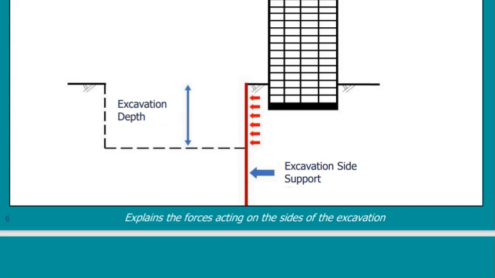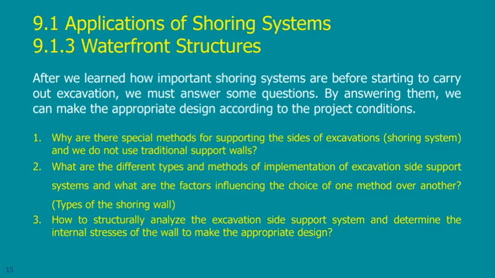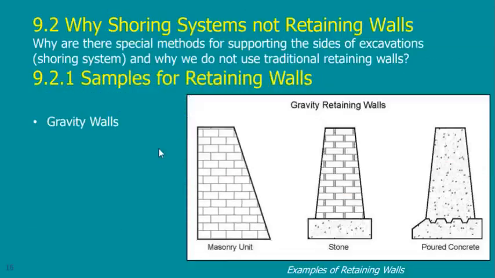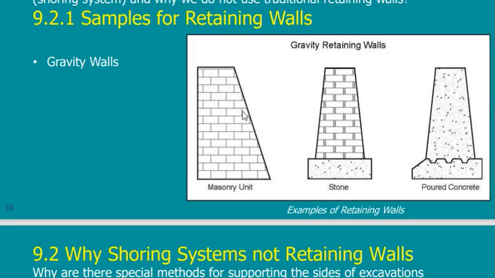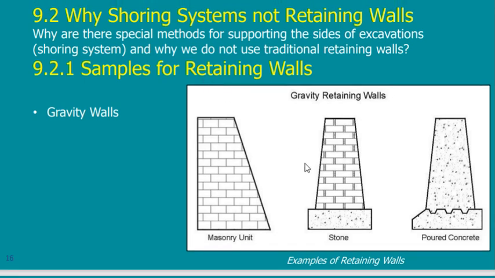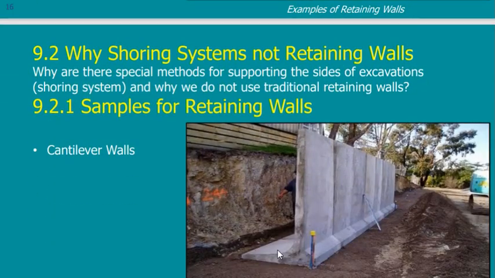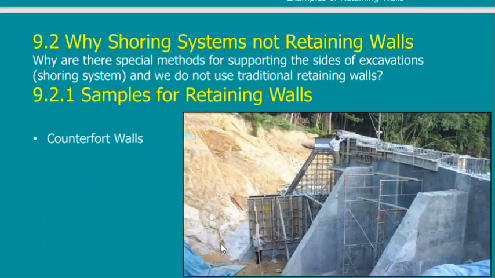So that's why we will need to construct any of these. Let's check what is the types of the retaining wall that we have studied before. This is the gravity type of the retaining wall. This is another type, which is the cantilever type of the retaining wall.